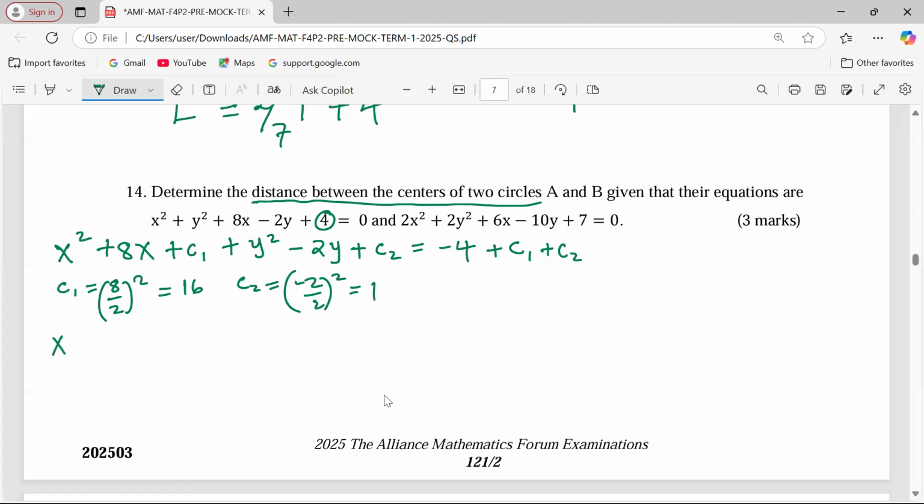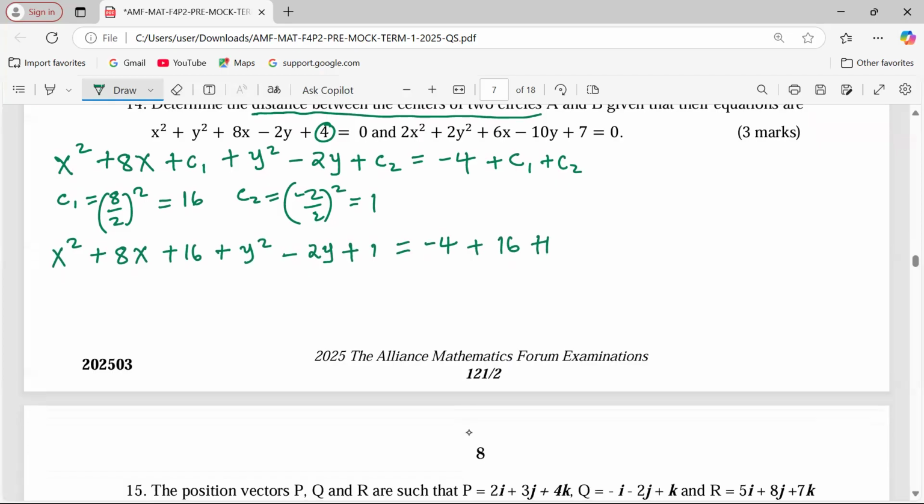Now we have x squared plus 8x plus 16, plus y squared minus 2y plus 1, equal to -4 plus 16 plus 1. So we have the x component being a perfect square, and the y component being a perfect square.